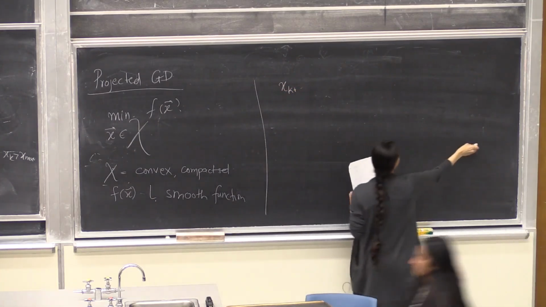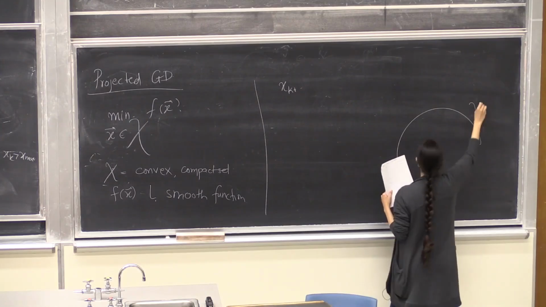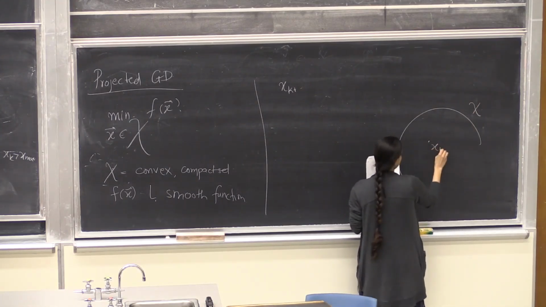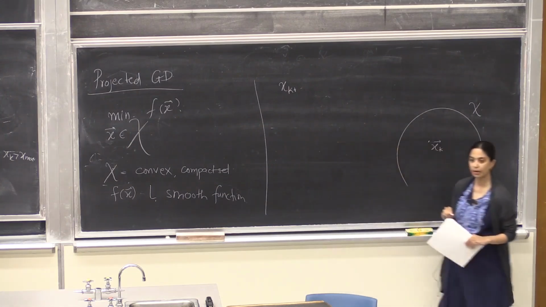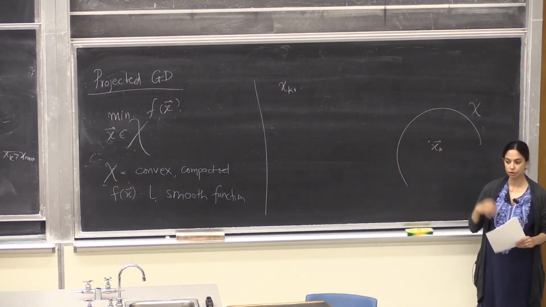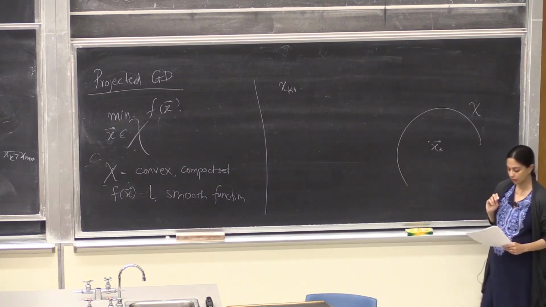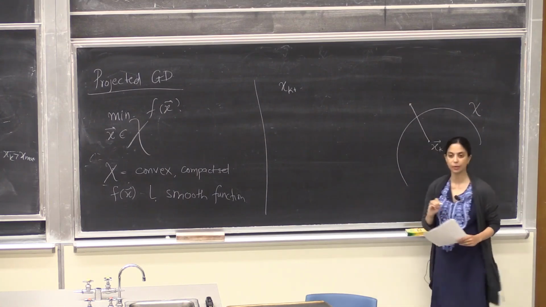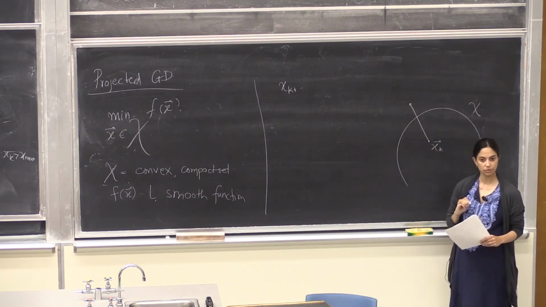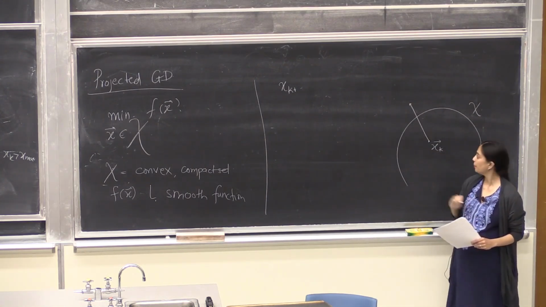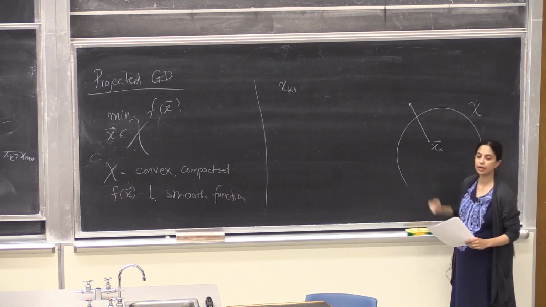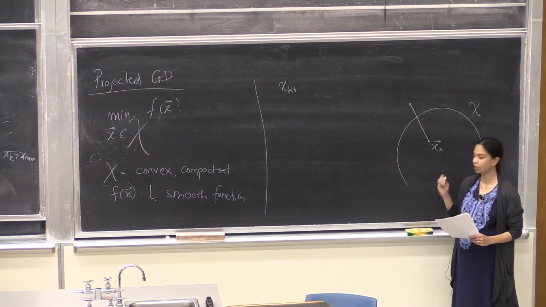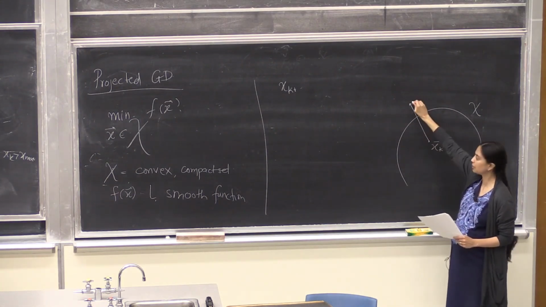Let's say this is my set X, and I'm here somewhere, x_k. And I do my gradient step. I compute the gradient, and it kind of takes me out here. But I'm only allowed to be inside of this set X. What's the natural thing to do if your x_{k+1} ends up here?